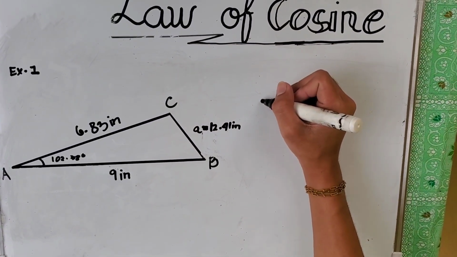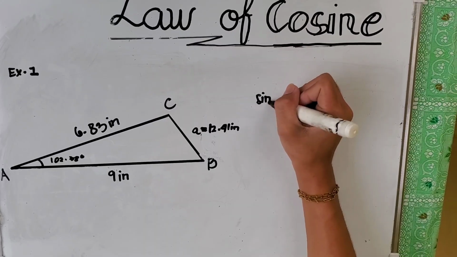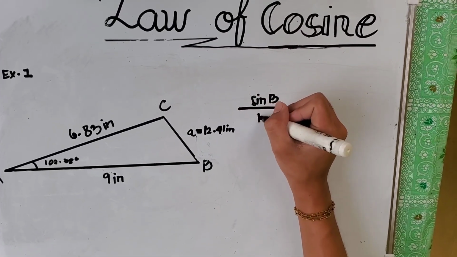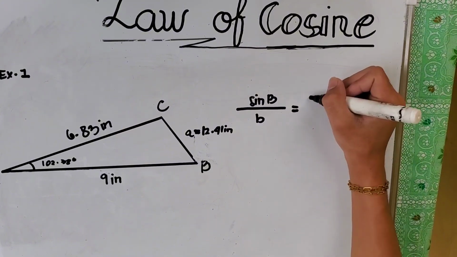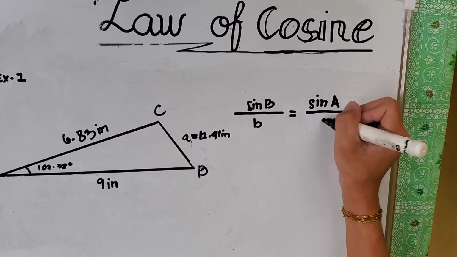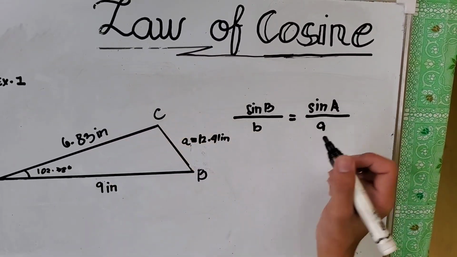But we're going to use the law of sines, wherein sine B over b is equal to sine A over a.